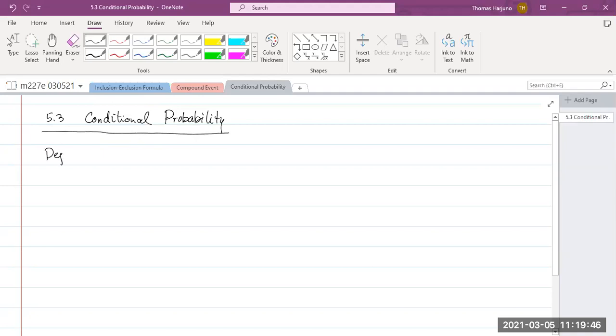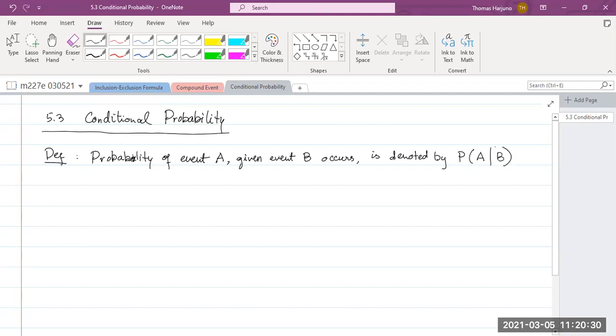The definition: the probability of event A, or simply probability of A, given event B occurs, is denoted by probability of A given B, where the B that you write after the vertical line is the condition. And this is the desired event.